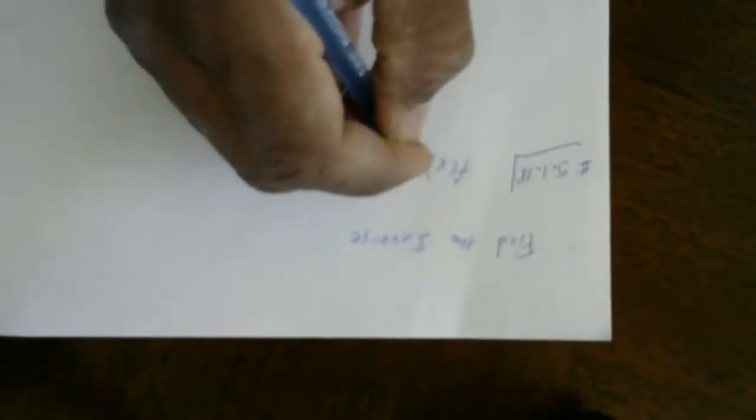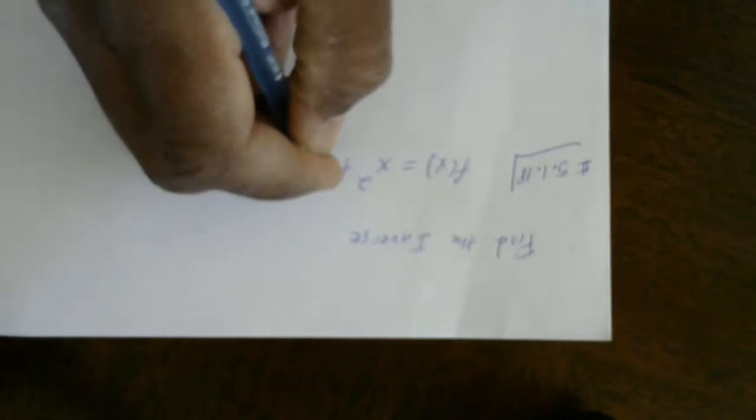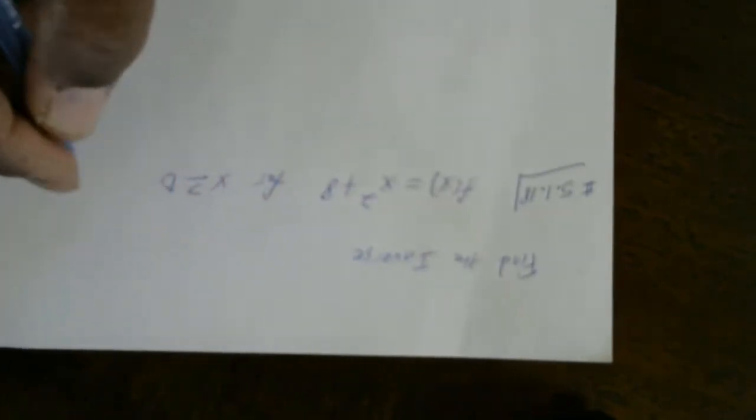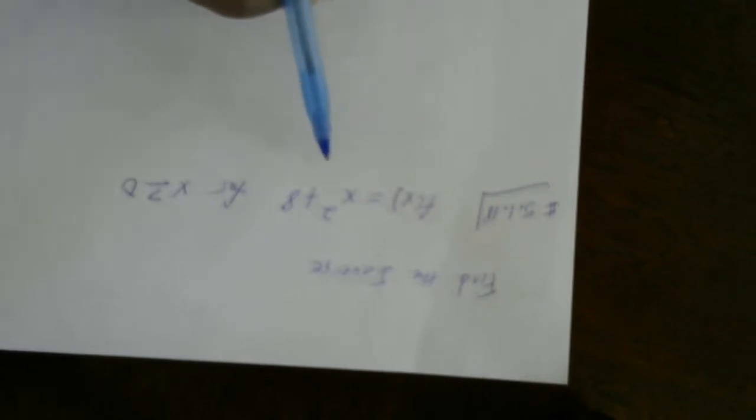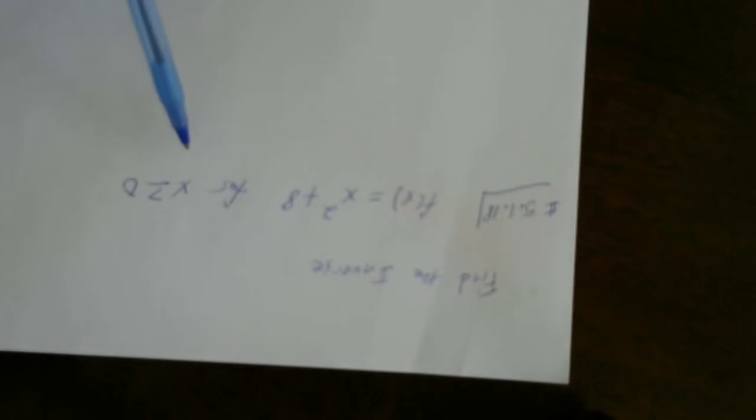Given f of x is equal to x squared plus 8 for x greater than or equal to 0. So we're asked to find the inverse for f of x equal to x squared plus 8 for x greater than or equal to 0.